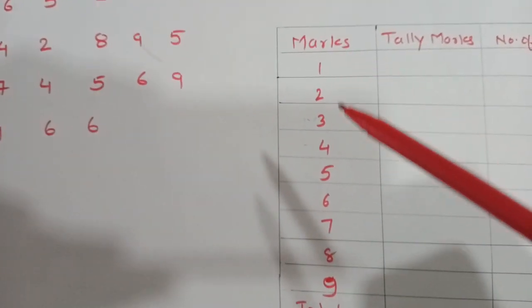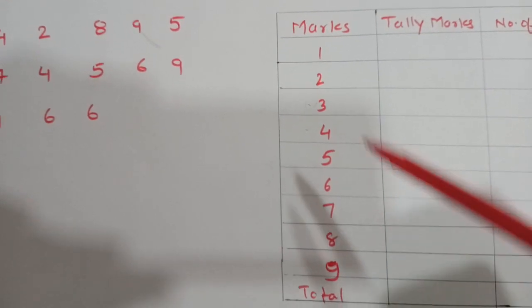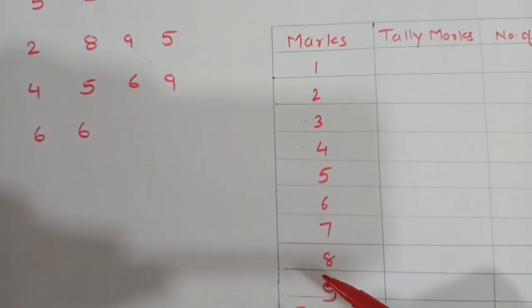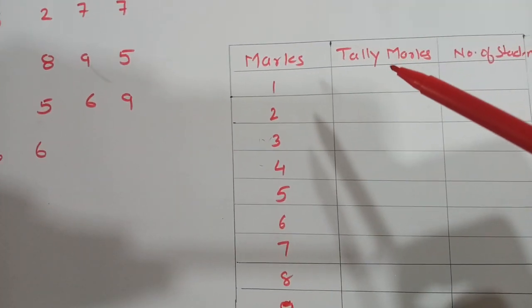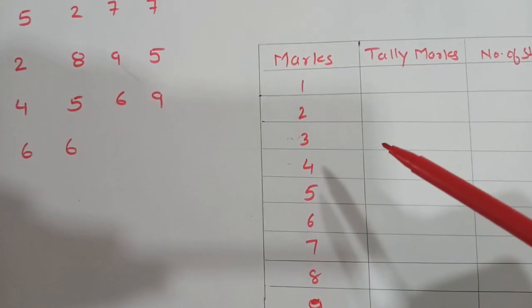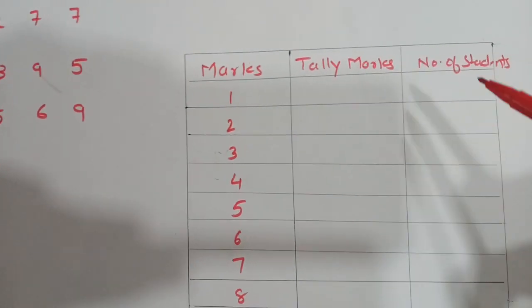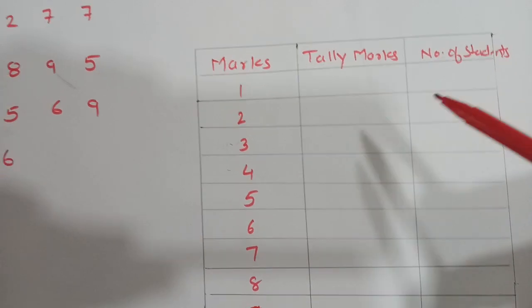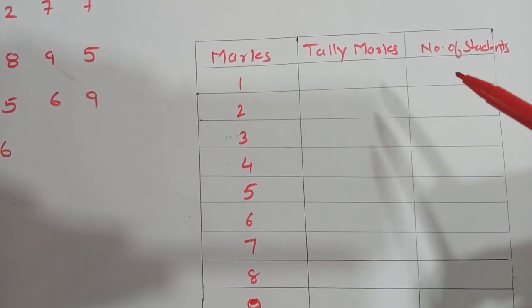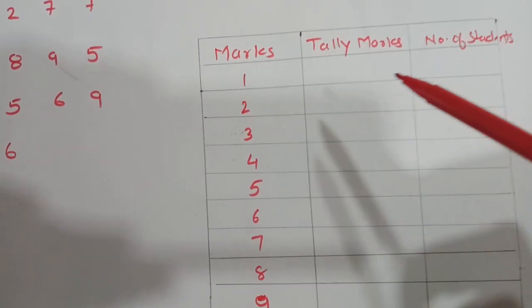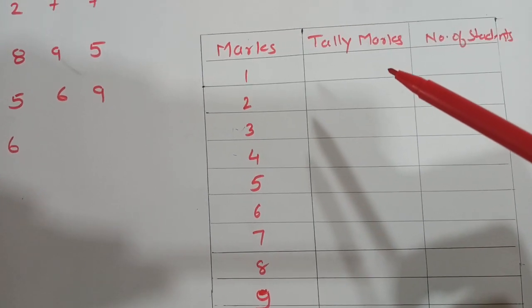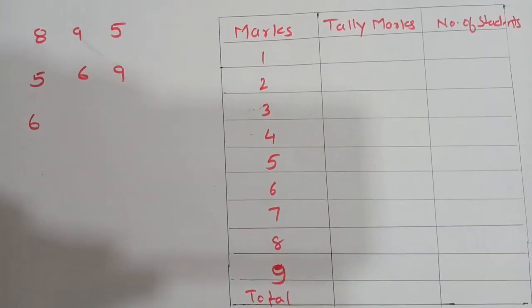So I've arranged these numbers in a table like 1, 2, 3, 4, 5, 6, 7, 8, 9. How many marks have been obtained by what number of students? Here I have kept the second column heading as tally marks. Tally marks is the same thing that we just studied. And here will come the number of students. Now always remember, tally marks and number of students will always be the same, but the way they are represented would be different. Okay, so let's move.